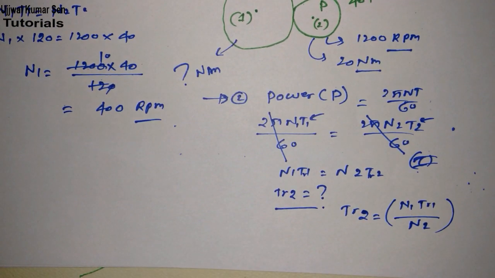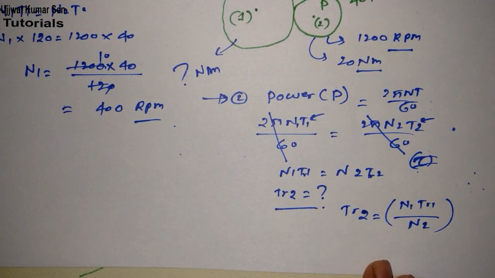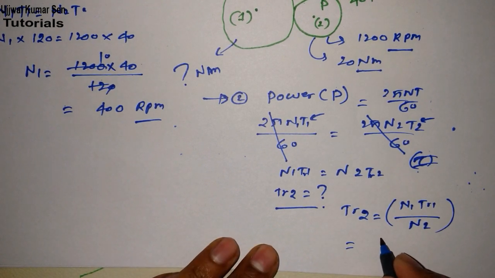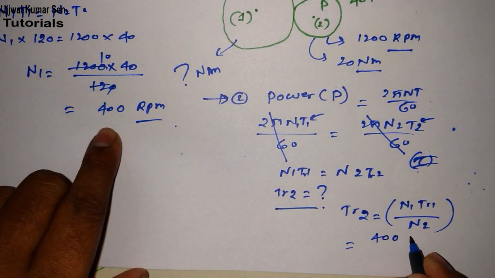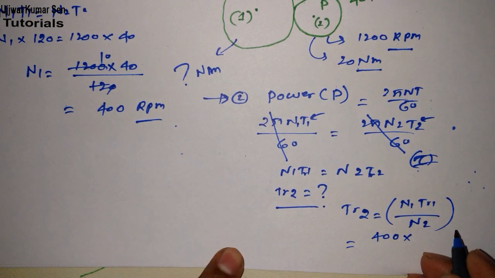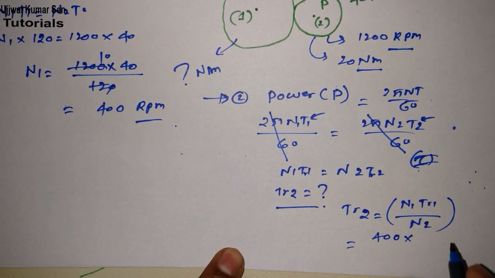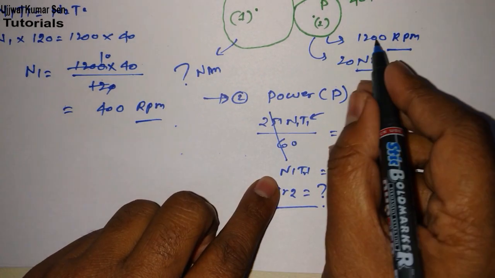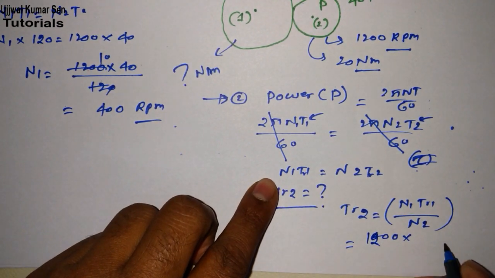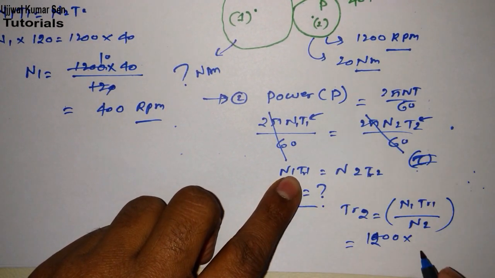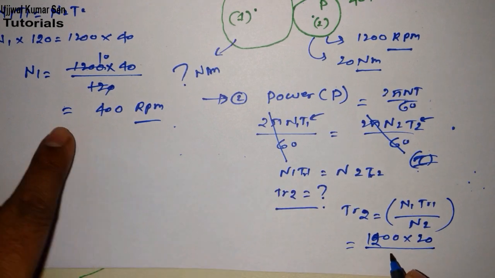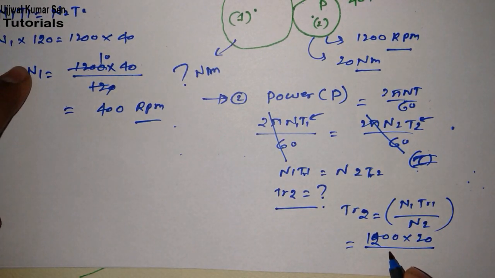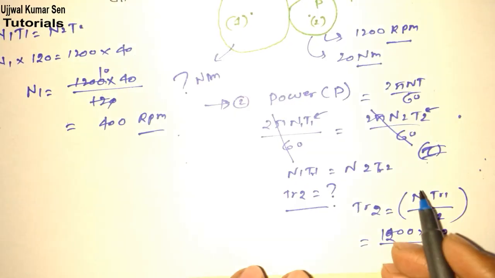Simple. Now till now what we have got: N1 is 400, and N2 is given as 1200. TR for the other one is 20. Just a second, there is a little confusion.